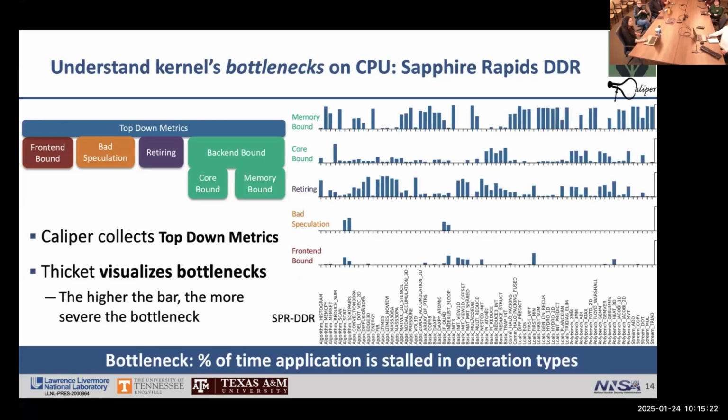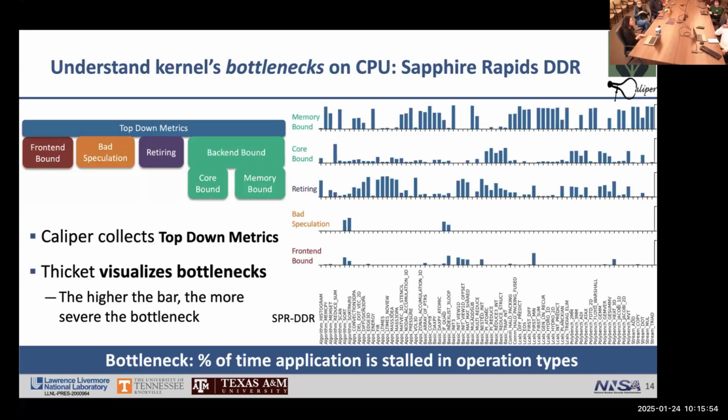Top-down metrics are basically the percent of time that an application is stalled in a certain operation type. The four main categories are front-end bound, which is things like waiting on instructions, bad speculation, which can be a misprediction when you choose the wrong if and predict that incorrectly.